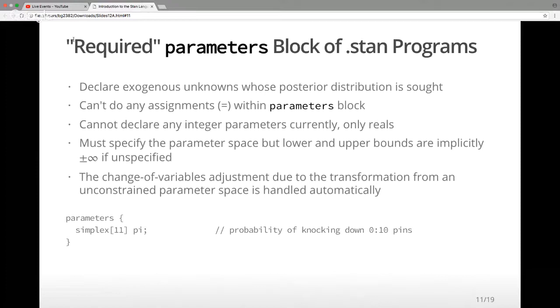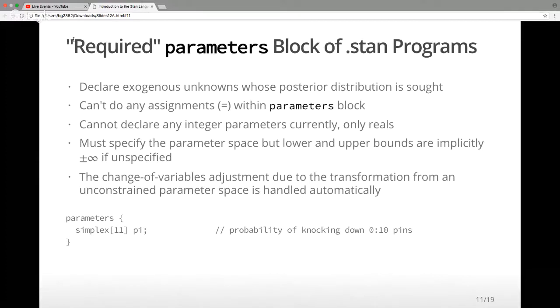And so you might think, okay, well, there has to be some sort of change of variables, like absolute value derivative, Jacobian determinant, something like that. But actually, for these transformations that occur behind the scenes to make the things in the parameters block, Stan knows those transformations are occurring, and it does the Jacobian determinant thing automatically for you.